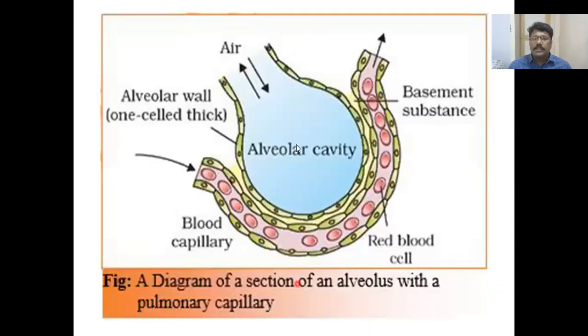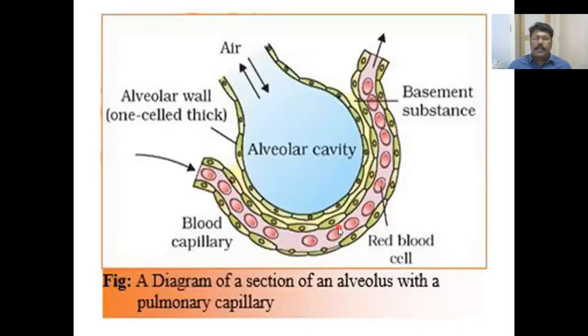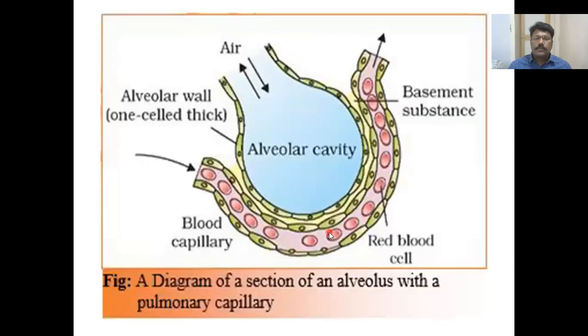That means there is a diffusion of oxygen into the capillaries, and the carbon dioxide, which is having 40 mm of Hg, will diffuse through. So oxygen enters into these capillaries, and carbon dioxide enters into this alveolar cavity. So this is the second step of the respiration, which we have identified earlier.